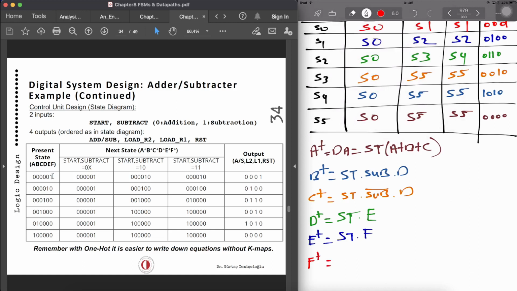F is 0, 0, 0, 1, which is all of those where start is 0. So we can just say start inverse, you don't need to write it all out. When start is deasserted, it's flip-flop F.